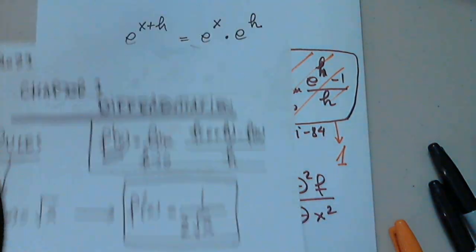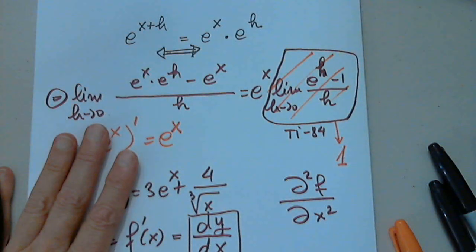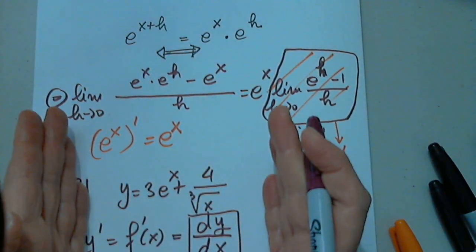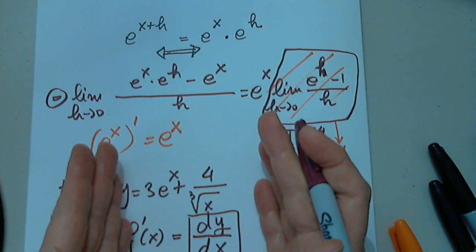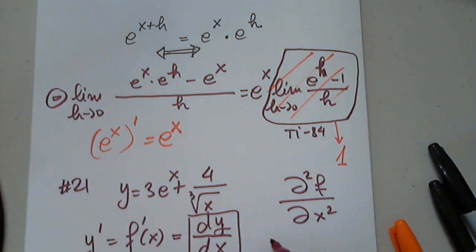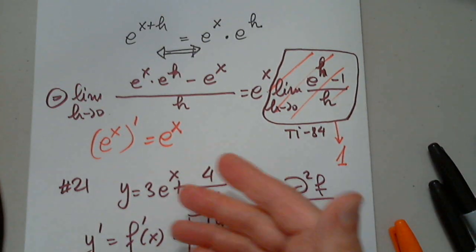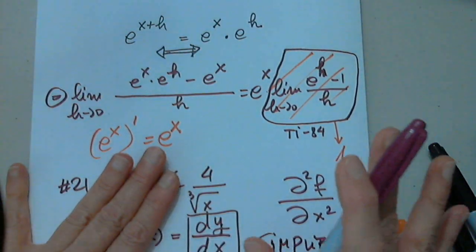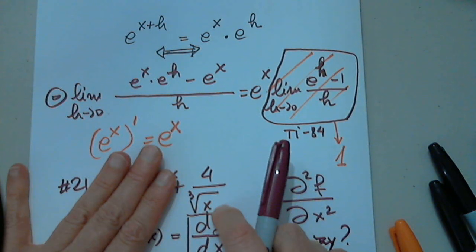Why am I saying that? Because here, when I'm asked to differentiate, I will always take a moment and analyze the function. Can I simplify it so I make my life easier? I will always ask myself that question. For the derivative of 3e to the x there is nothing I can do, but for this piece, yes.